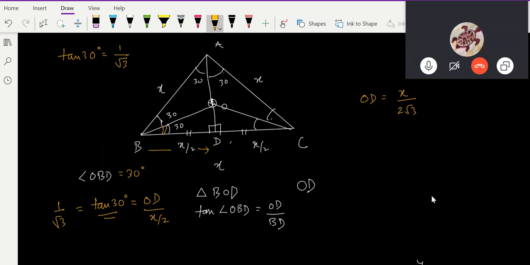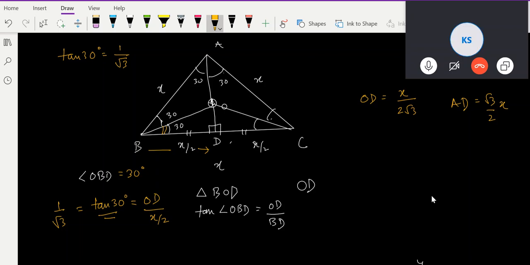And we had found that AD is root 3 by 2 x, correct?